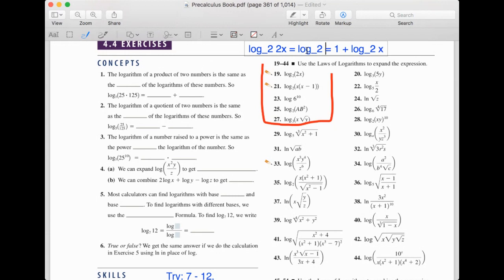I took the log of 2, and I split the 2 from the 2x, and I moved the 2 to this spot. So that means we had 1, then moved the 1 over to the first place before the log.